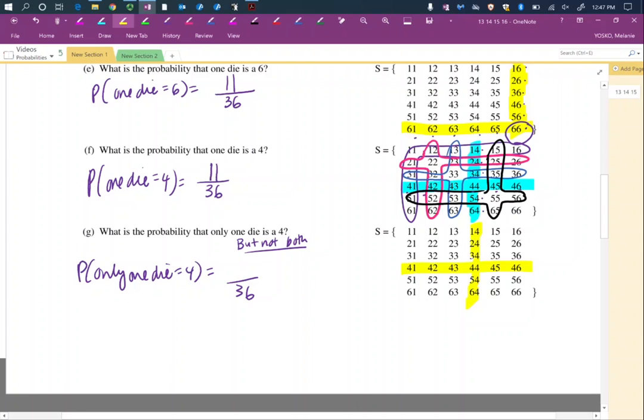But it says only one die. Because there is one choice right here that has both dice as a 4. So we're actually going to have to be very careful. One die is a 4 would be these pieces. And we count them. 1, 2, 3, 4, 5, 6, 7, 8, 9, 10. We get 10 out of 36.